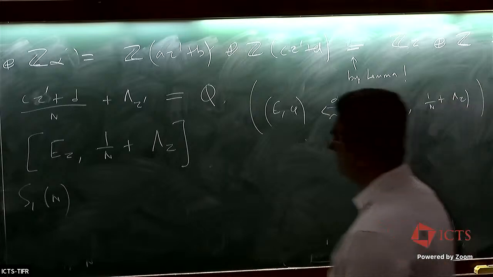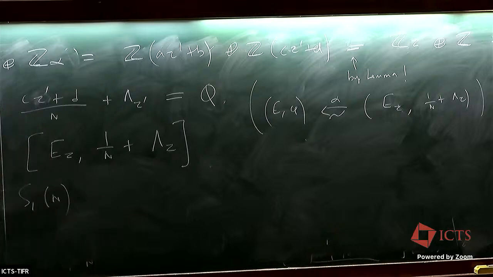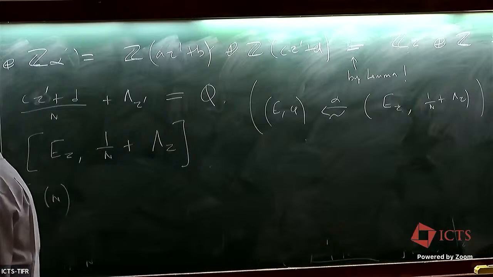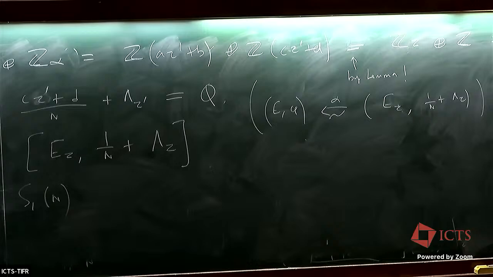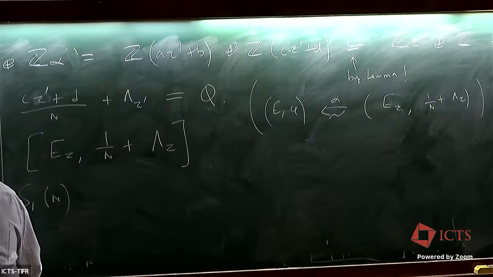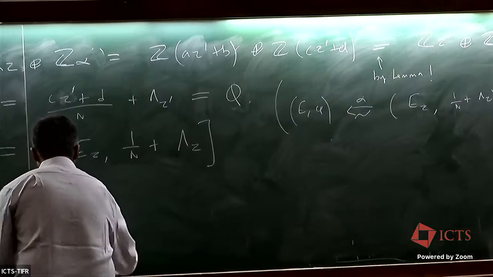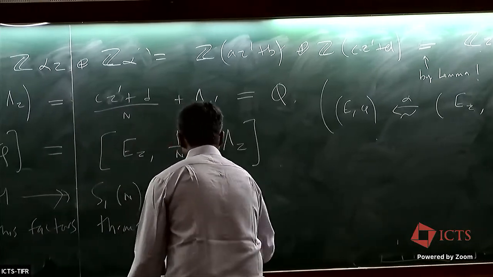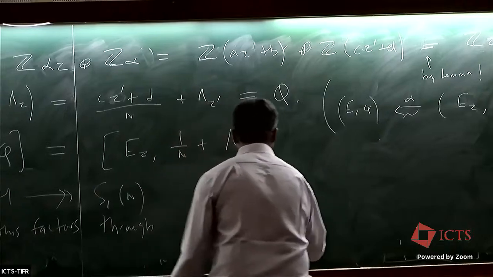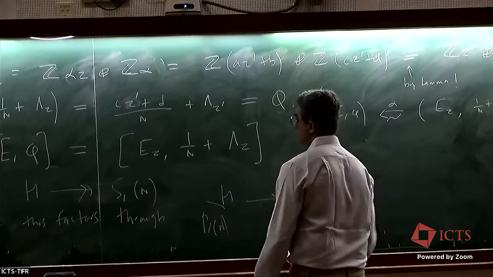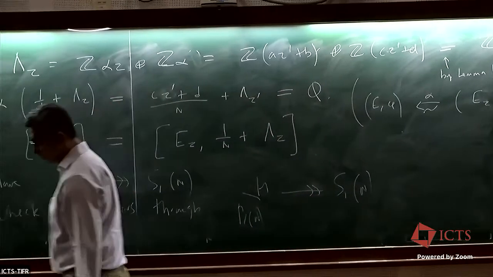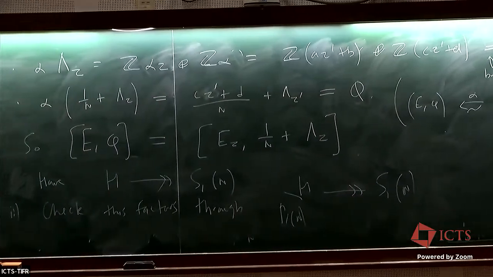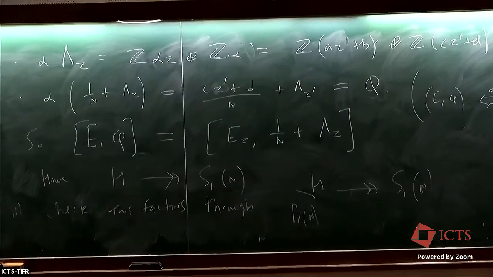Okay, so now one has to do various other things. One has to check that it factors through gamma 1n. The check is a very similar computation, but I've run out of time. So this factors through H mod gamma 1n. In other words, if the tau that you started with is replaced by gamma tau, where gamma is in gamma 1n, then you'll wind up getting the same elliptic curve.